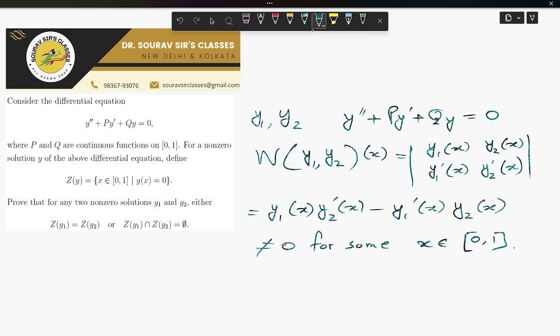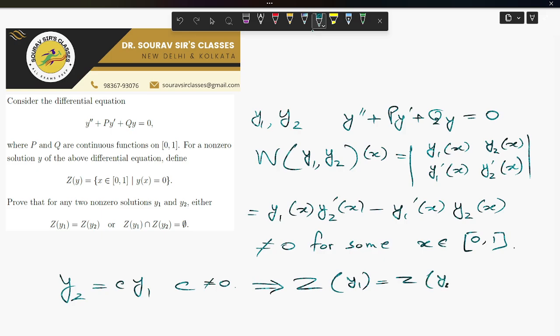So if y1 and y2 are linearly dependent, then y2 equals c y1 for some constant c not equal to 0, which implies Z(y1) equals Z(y2).